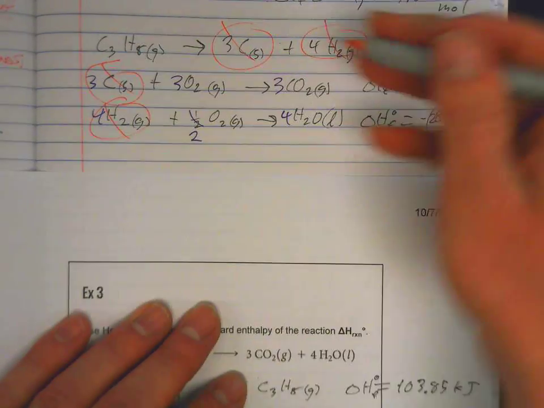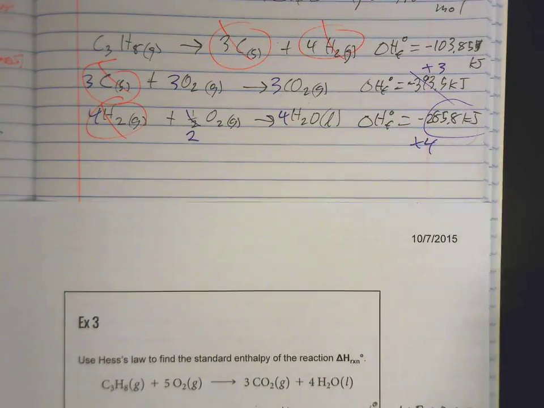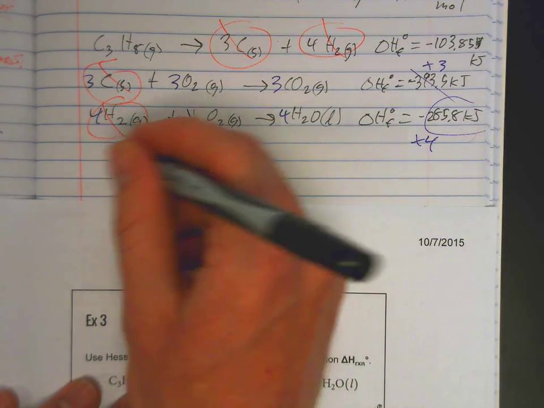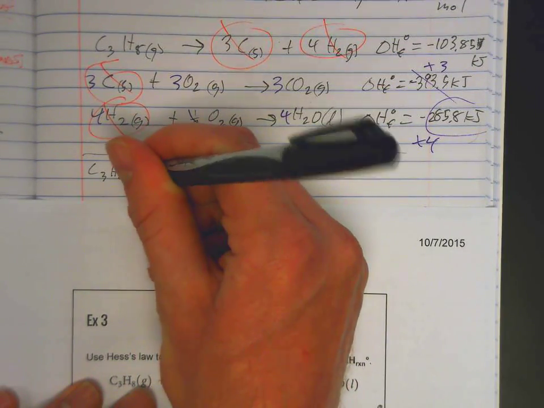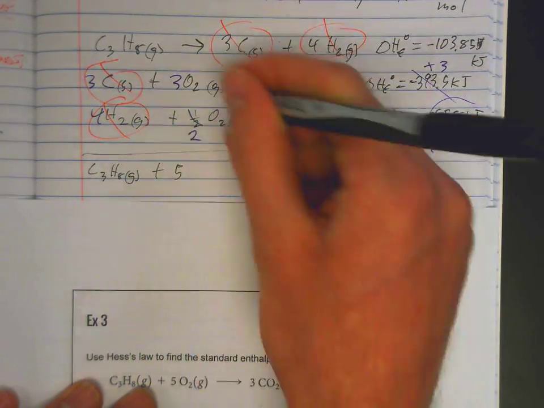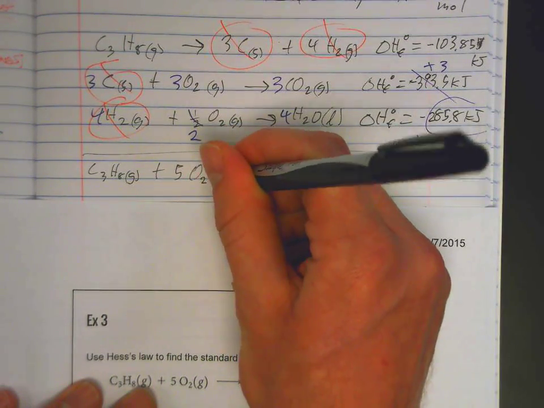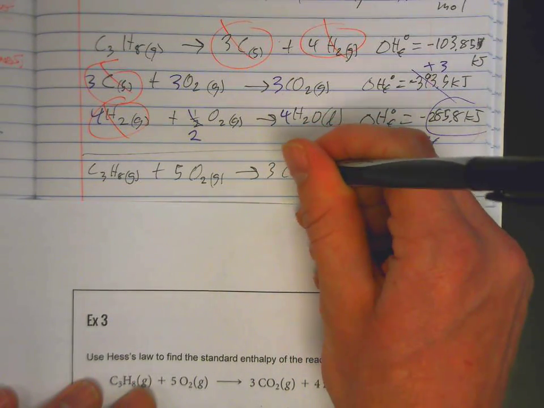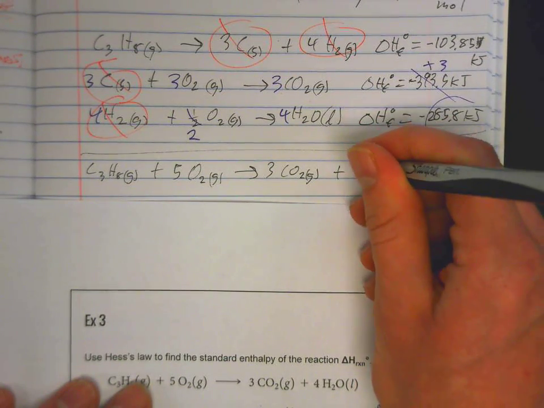And we have, for our equation, the original equation, C3H8 plus 5 O2, 3 and 2 makes 5, makes 3 CO2 and 4 H2O.